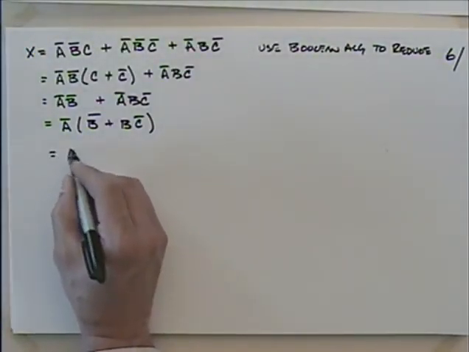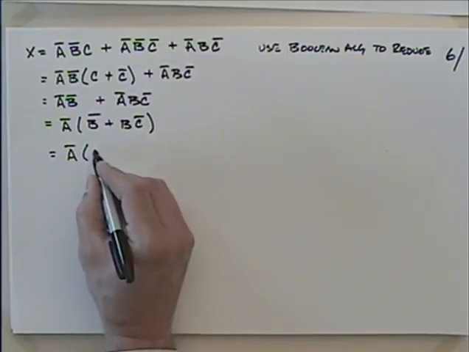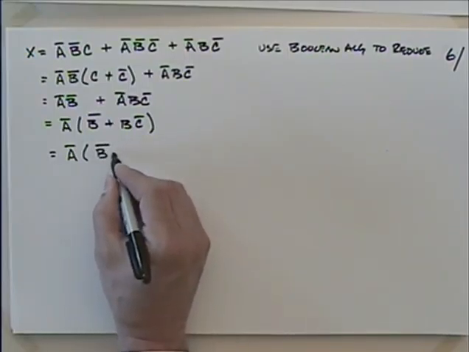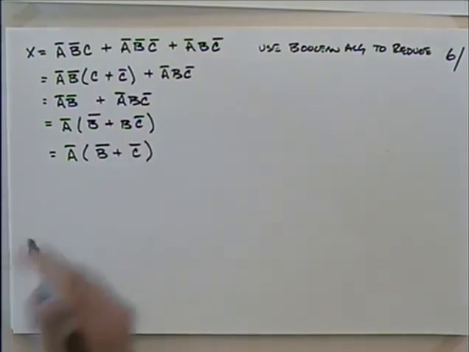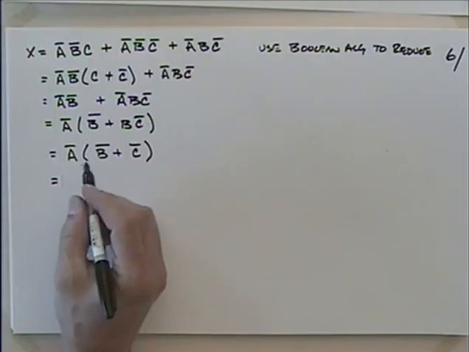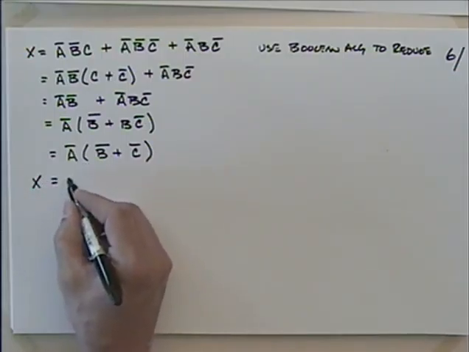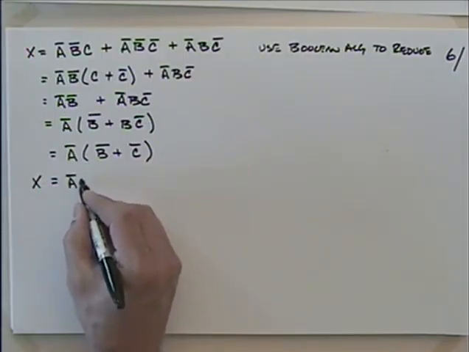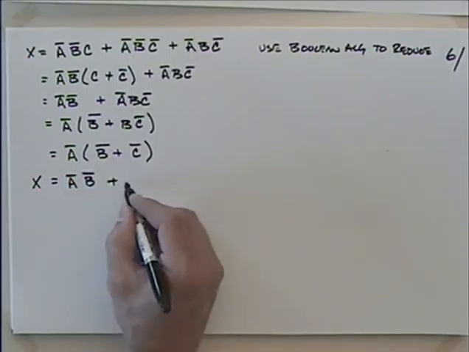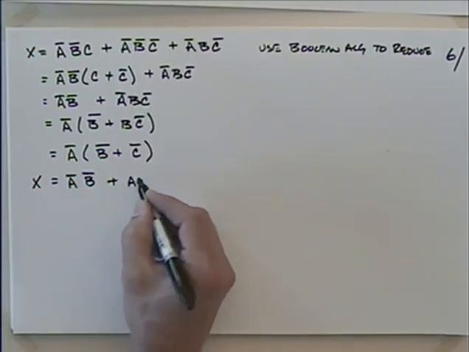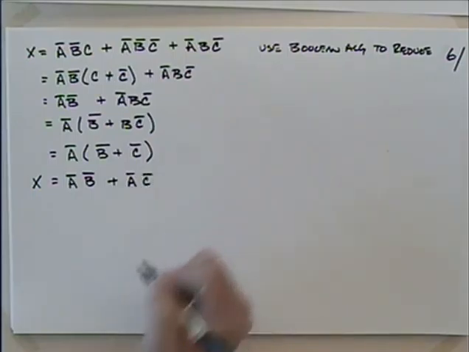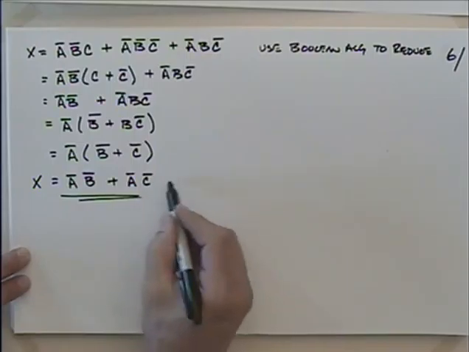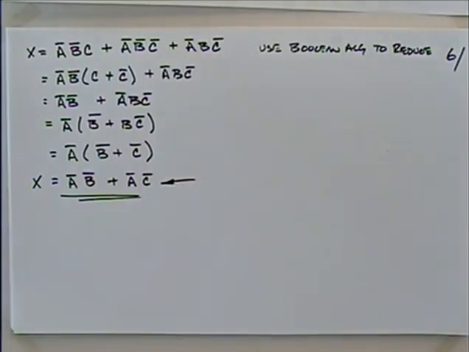This would be not A and (not B or not C), which then we'll distribute through, which is one of the laws, and say finally that our output is not A and not B, or not A and not C. So I would say that that was our final form. So that's a pretty good problem.